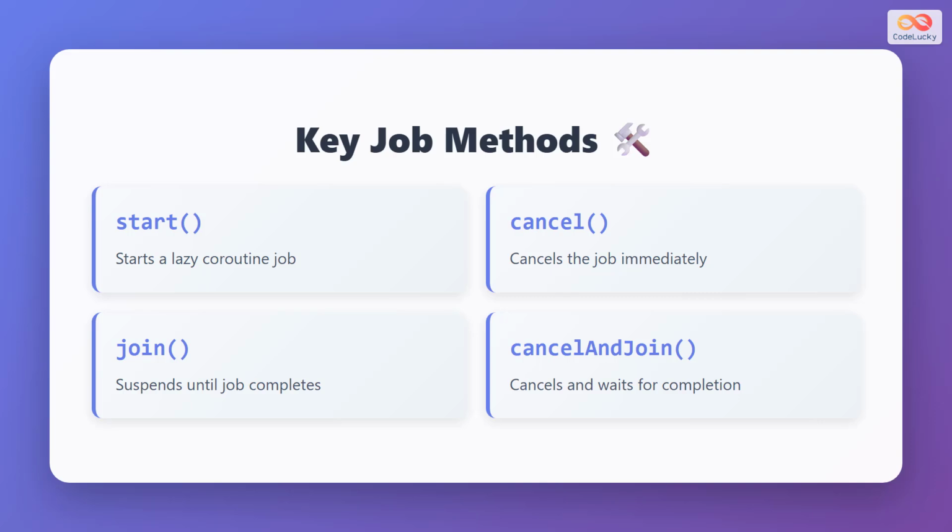It suspends the current coroutine until the job is done. And fourth is cancelAndJoin, which combines both operations. It cancels the job and then waits for the cancellation to complete. This is particularly useful because cancellation isn't instantaneous, so cancelAndJoin ensures the job is fully canceled before moving forward.